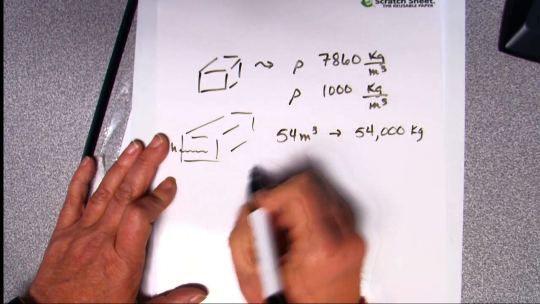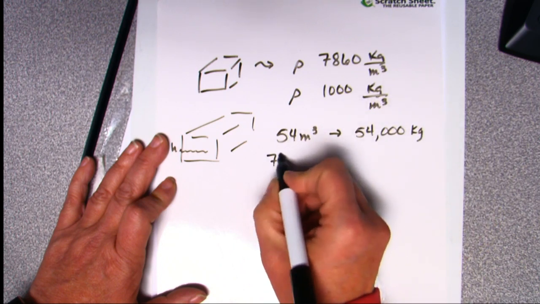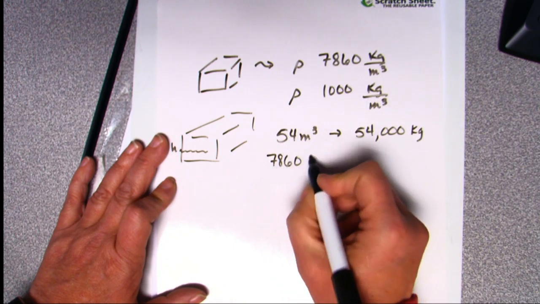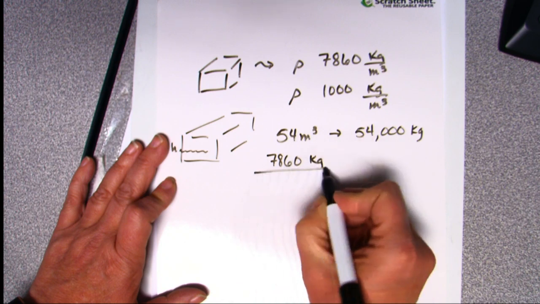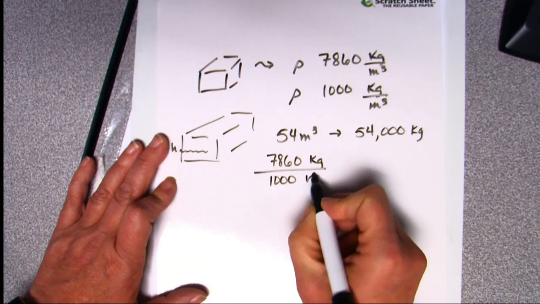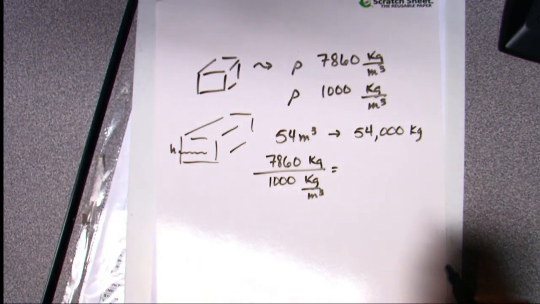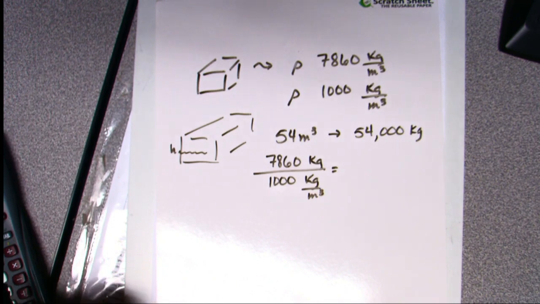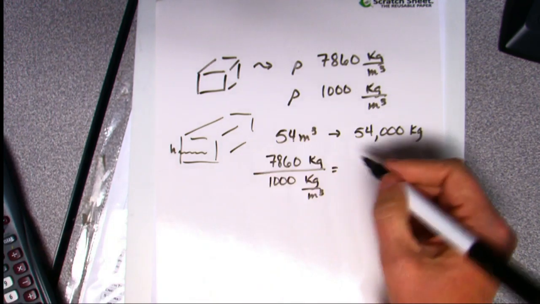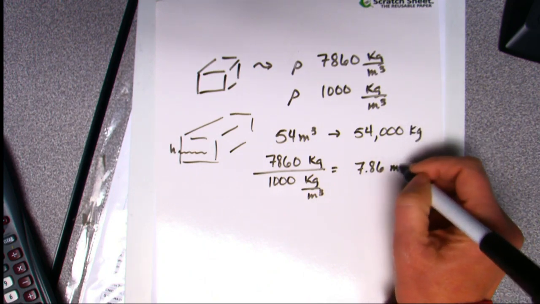So I do my 7,860 kilograms over my density of water, 1,000 kilograms per meter cubed, and that's going to be 7.86 meters cubed.